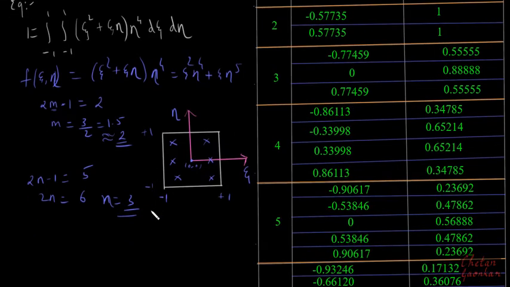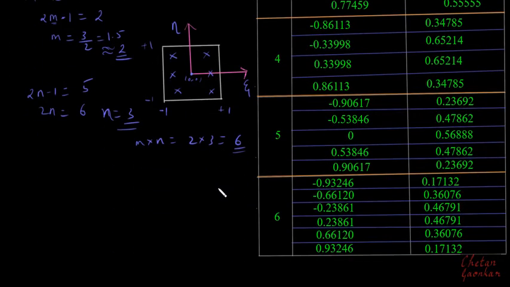So basically I get here m cross n, that is 2 cross 3, that is 6 Gauss points. Altogether I will have to evaluate this integral at 6 points, since it is a two-dimensional problem. So 1 2 3 4 5 and 6. So basically I need to evaluate this integral at 6 points in order to evaluate this integral properly.